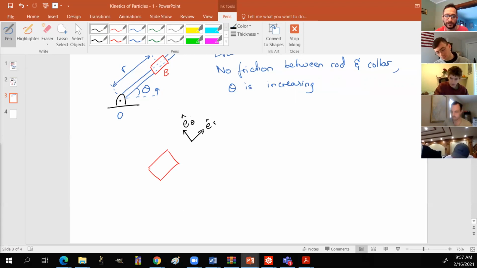Then what are the forces that are acting on the collar B? I guess my notes are wrong. My notes show a frictional force. So there is no friction, because you said that there's no friction over here. So you'll have weight mg. What else? Your normal force.